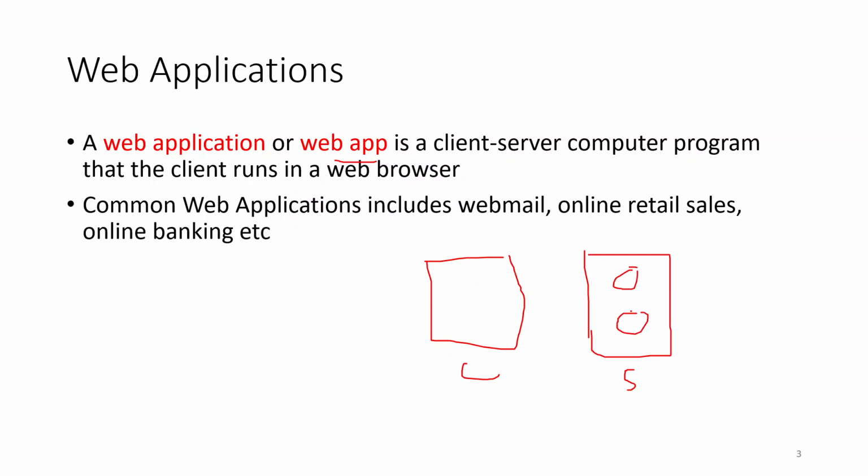Whenever any user wishes to access a web application, they have to open their browser and request the web application through a URL. So from the client, through the browser over the internet, it will access the web application from the web server. Common web applications are web mail, online retail sales, online banking, etc.